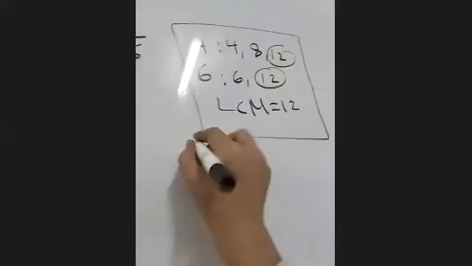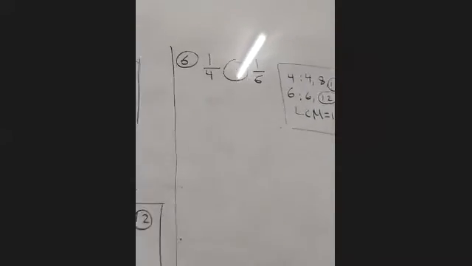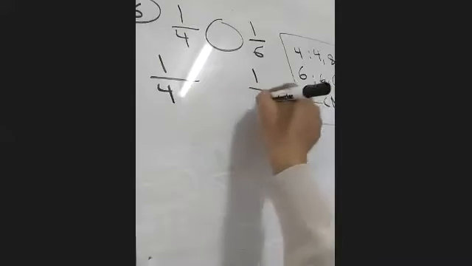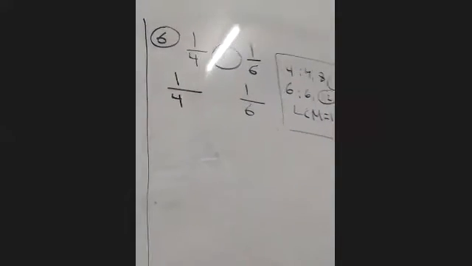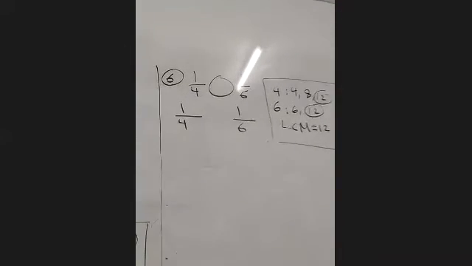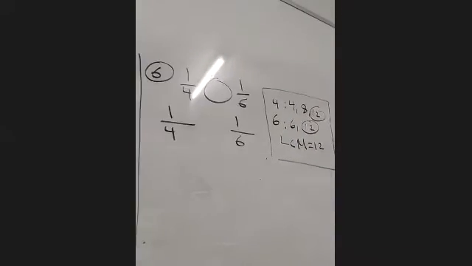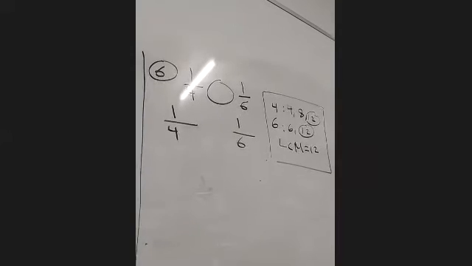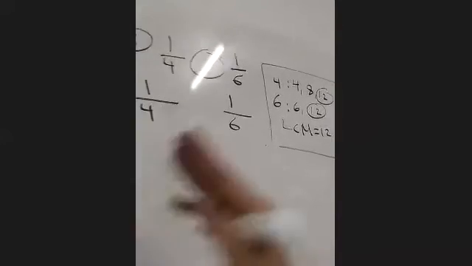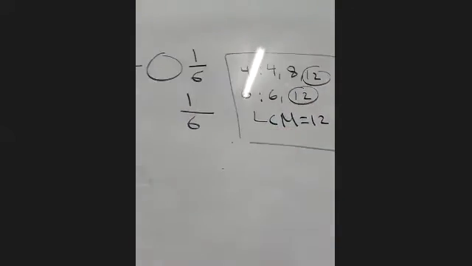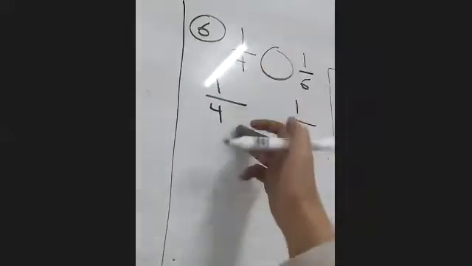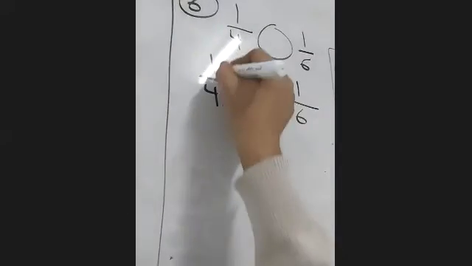So the LCM for 4 and 6 is 12. Now I will go to my fractions and rewrite 1 over 4 and 1 over 6 with 12 down for each. We'll multiply 4 by 3 to be 12, so I multiply up and down by 3.